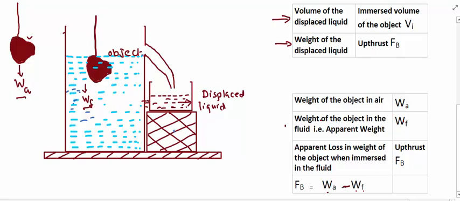So let us say we have these readings of Wa and Wf for this particular object whose relative density we are trying to measure. Let's see how we can now find out its relative density.